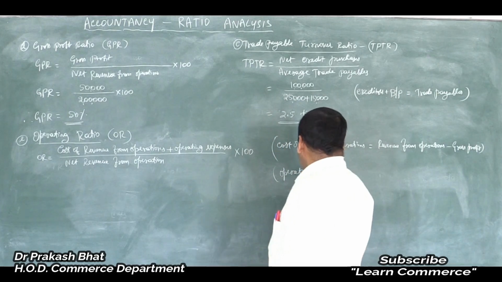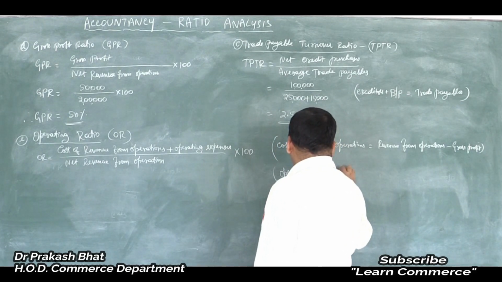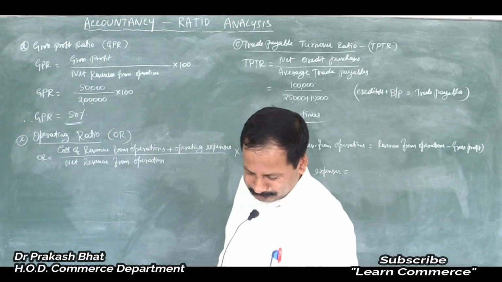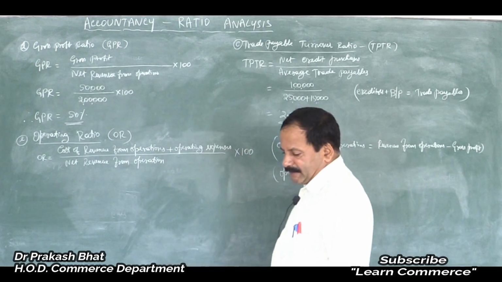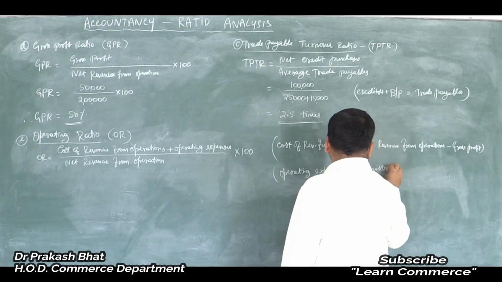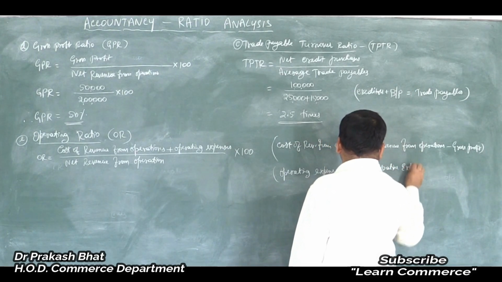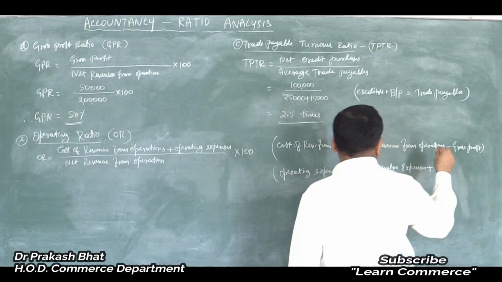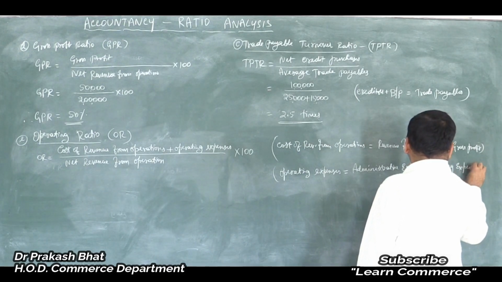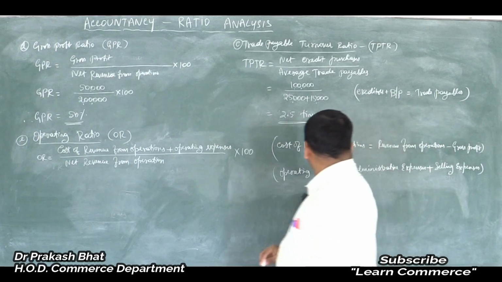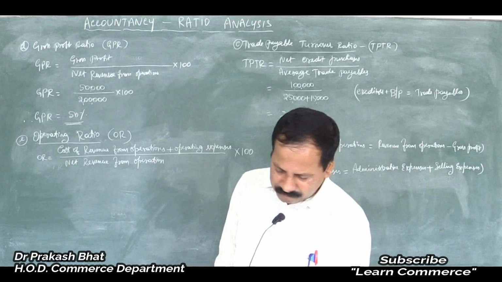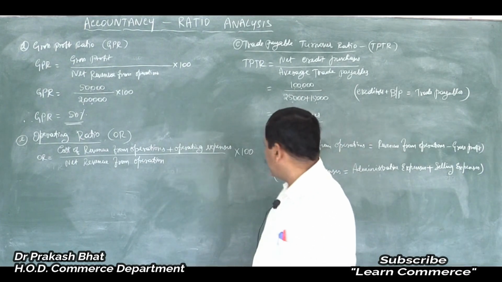So operating expenses here is equal to administrative expenses plus selling expenses. Of course 15 and 12, right?